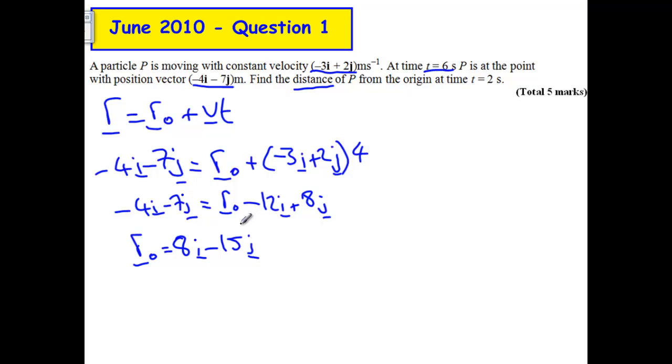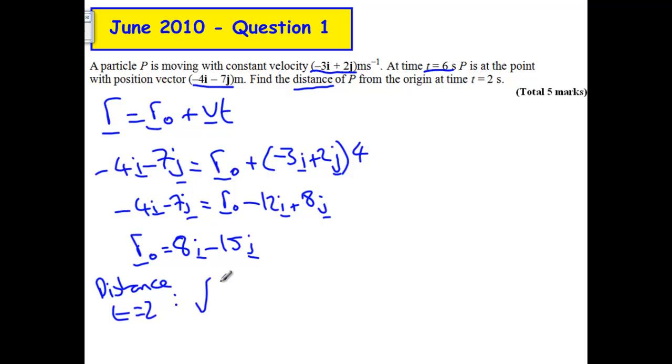Now the question doesn't want the position vector, it wants the distance. So if this is the displacement, to find the distance we have to find the magnitude of this vector. So the distance when time equals 2 is equal to the magnitude of this.